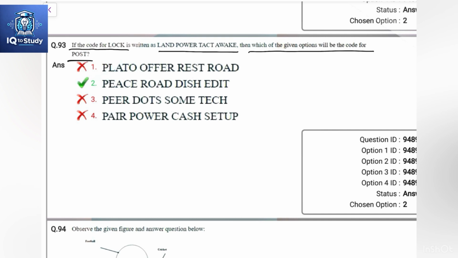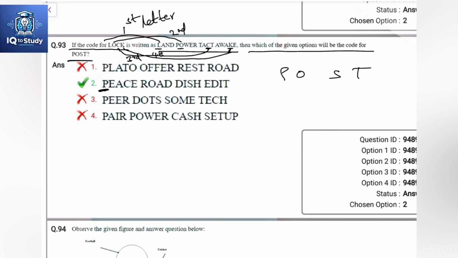Here, the first letter of land is L, the second letter of power is O, the third letter of tagged is C, and the fourth letter of awake is K. So similarly, post can be taken as: the first letter of pass is P, the second letter of road is O, the third letter of dish is S, and the fourth letter of edit is T. So option 2 logically follows.